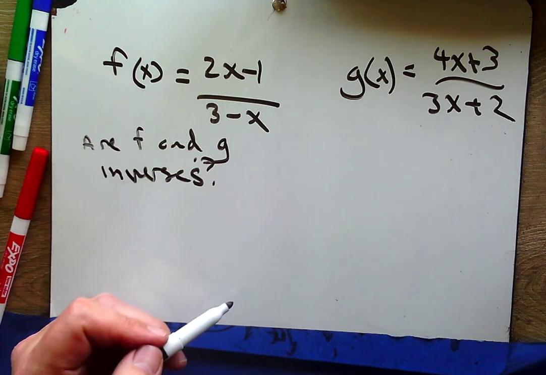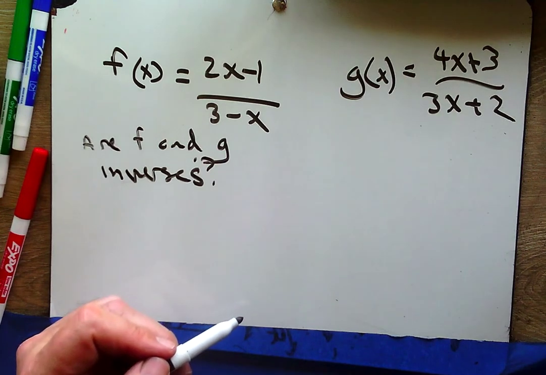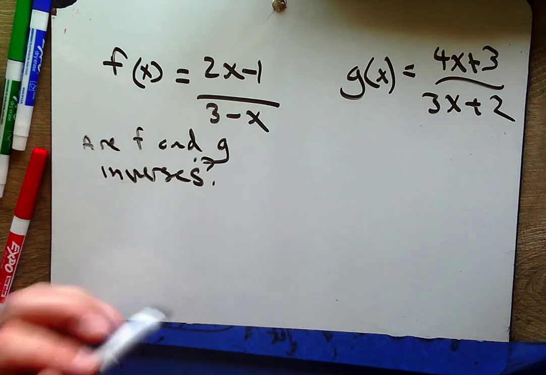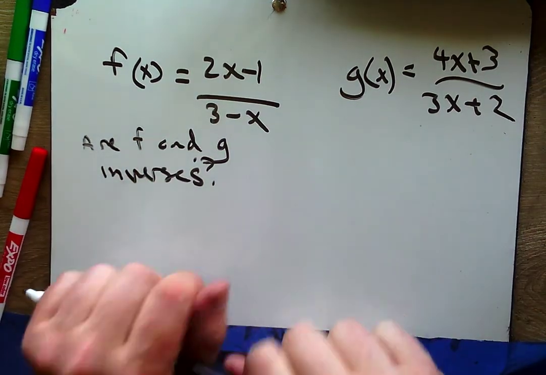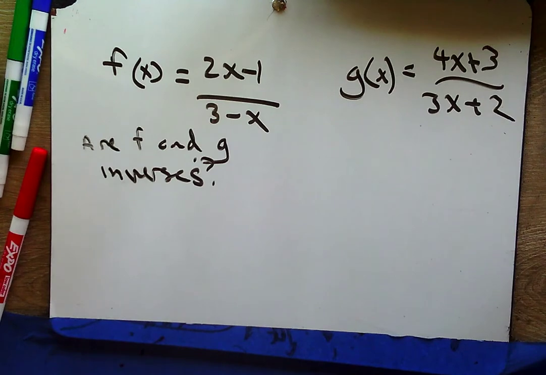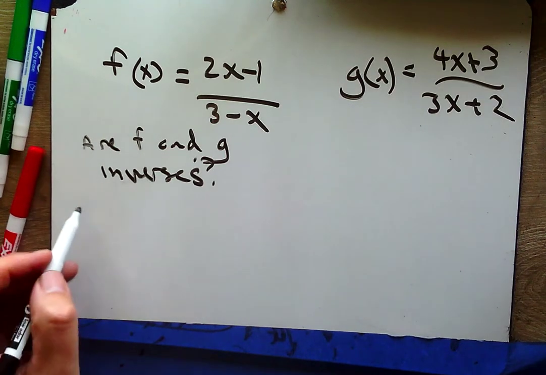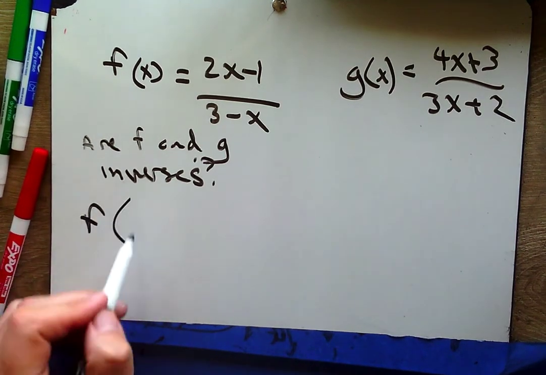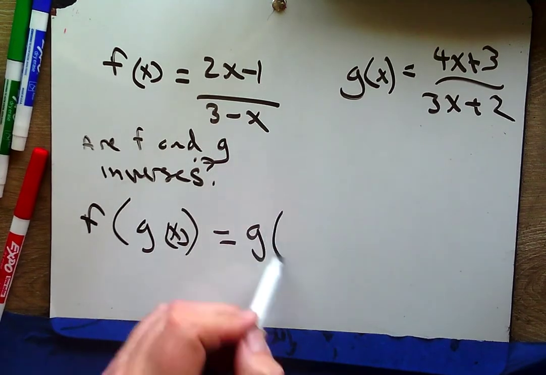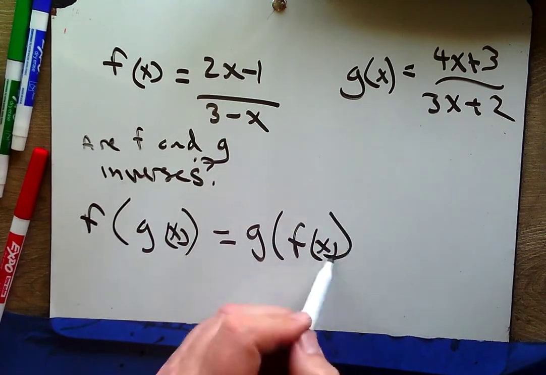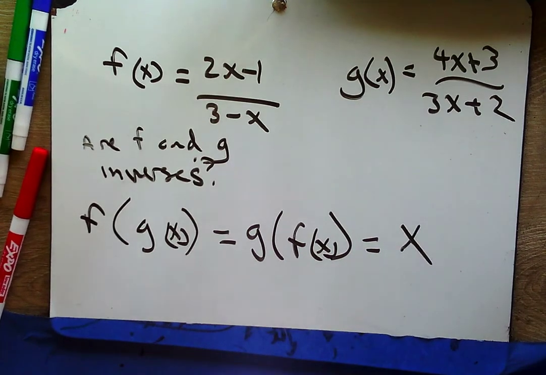What did we say we could do to verify if these two were inverses or not? Do you remember? In that last video, we said if you want to verify that two things are inverses, then you need to do f of g, and you need to do g of f, and both of those need to be equal to x. Okay?